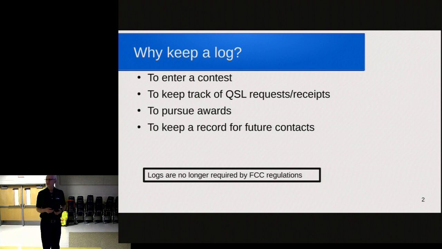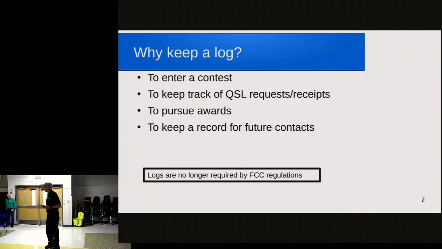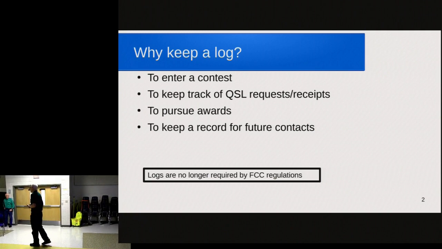And that's next. Awards. Well, there are lots and lots of awards, and we'll talk about that at some other presentation. But some of the ones that we talk about the most are for working all of the states in the United States and for working, well, we say 100 countries, but they're not really countries. There's an official list of entities.